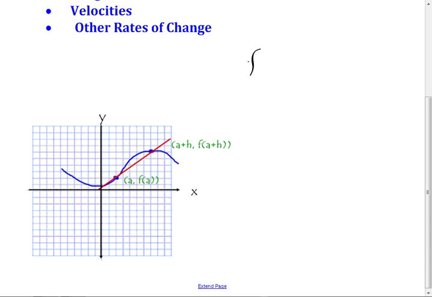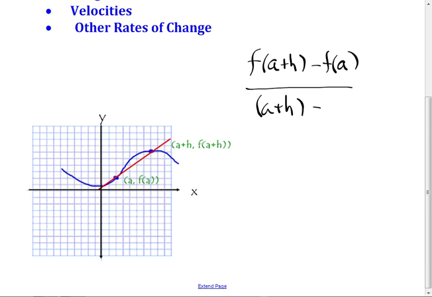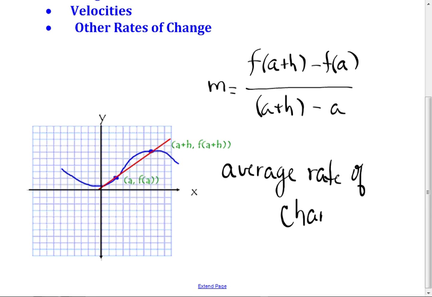So you have f of a plus h minus f of a all over a plus h minus a. That's the slope. This is the average rate of change. Now, we also are going to have average value of a function.